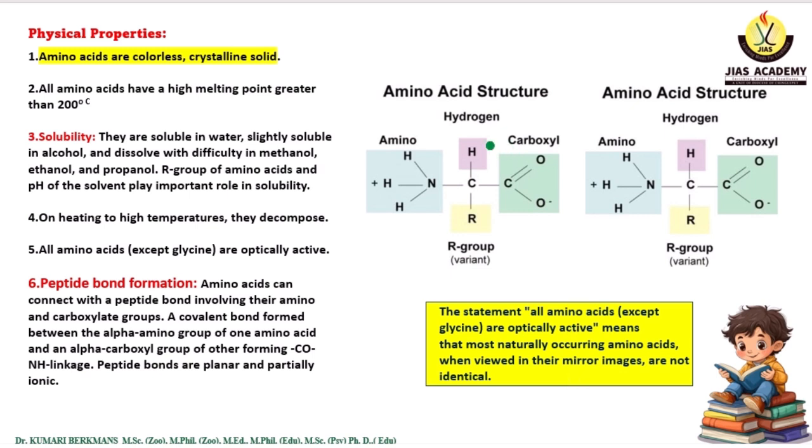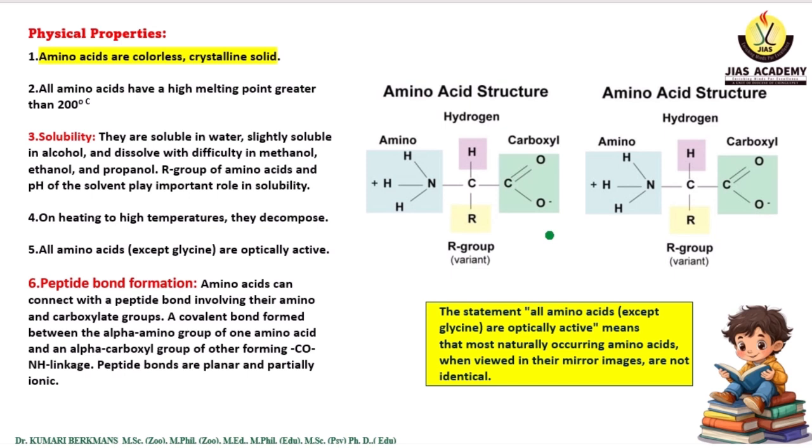Peptide bond formation: amino acids can connect with a peptide bond involving their amino and carboxylate group. You can see this is the amino acid structure. This part is the amino group and this is the carboxyl group.